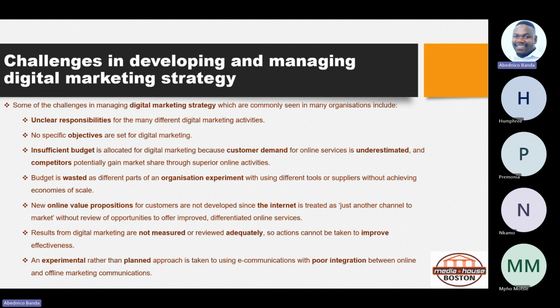Then new online value propositions for customers are not developed, since the internet is treated as just another channel to market without review of opportunities to offer improved differentiated online services. Then another challenge is that results from digital marketing are not measured or reviewed adequately. Though I can argue that nowadays there are tools that can help you have accurate measurements of how campaigns perform.